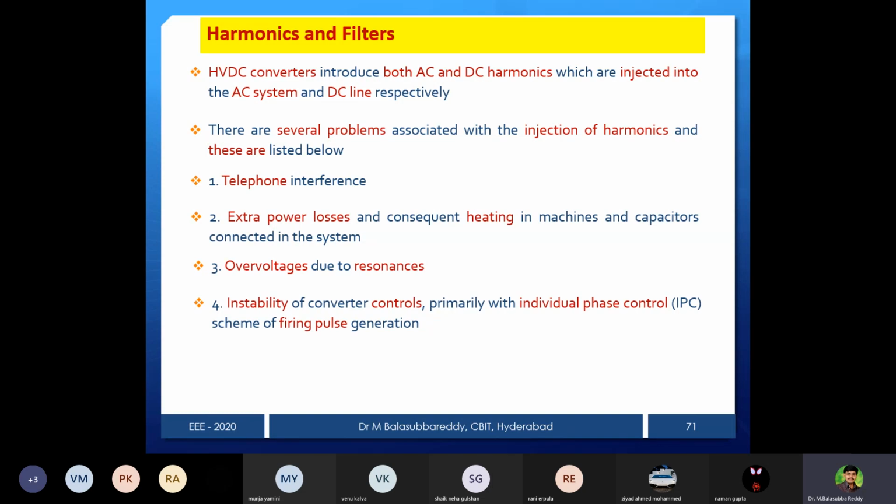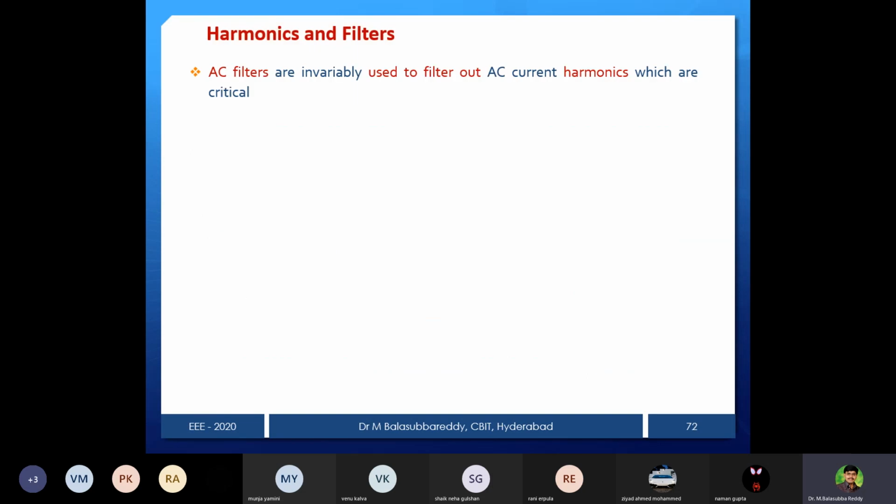Instability of the converter controls, primarily with individual phase control, the scheme of firing pulse generation, and interference with the ripple control system used in load management. These are some of the problems, and AC filters are invariably used to filter out the AC harmonics, which are critical.